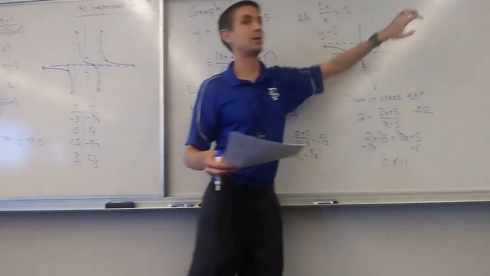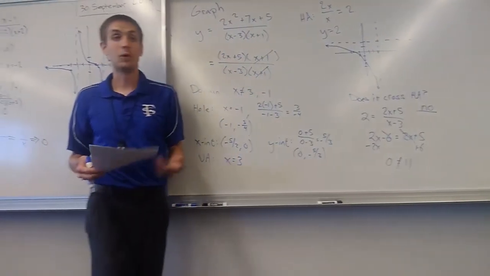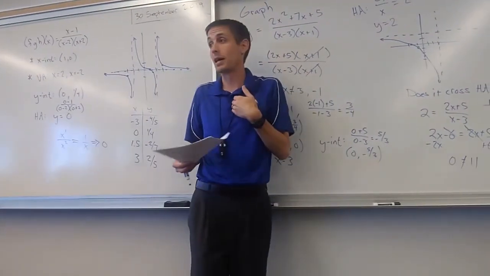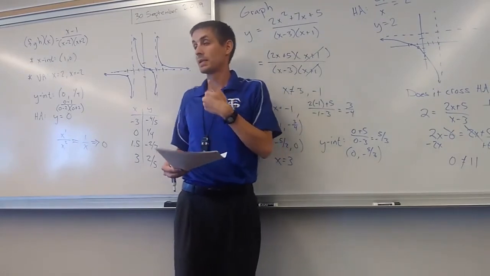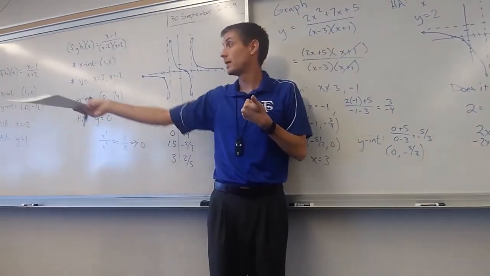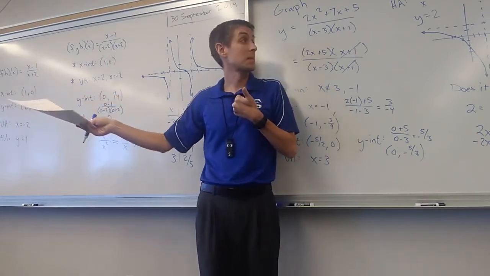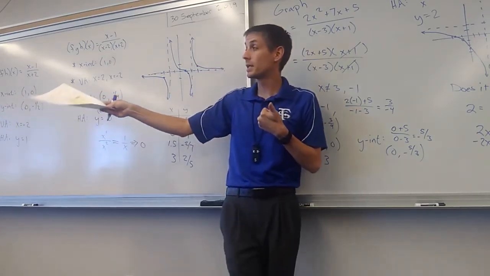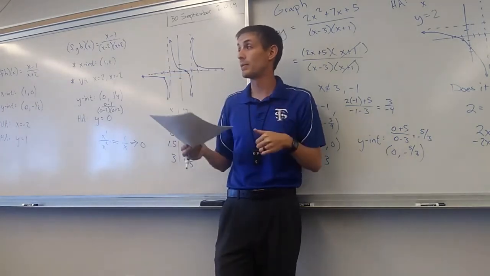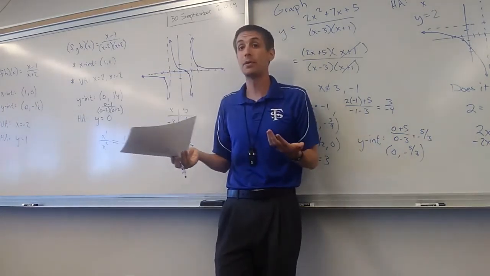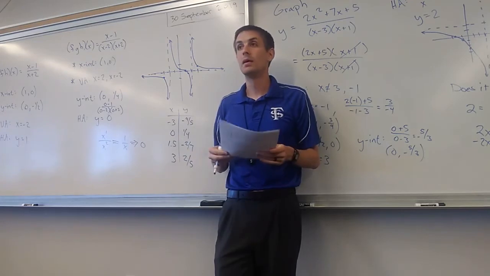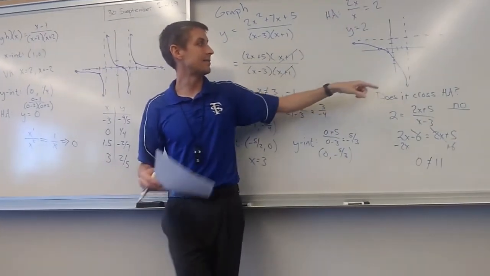There are times where you can have both bottom or both top. Not as often, but it does happen. What do we not have? An x-intercept. Yes. I only had one x-intercept. So that would lead me to believe that it's going to be up here. Because otherwise I can't approach that horizontal asymptote.